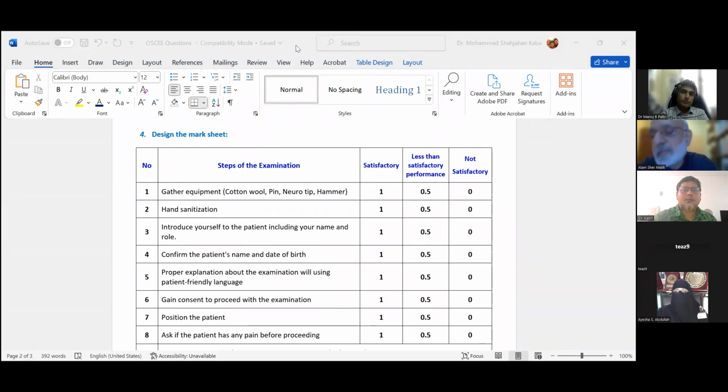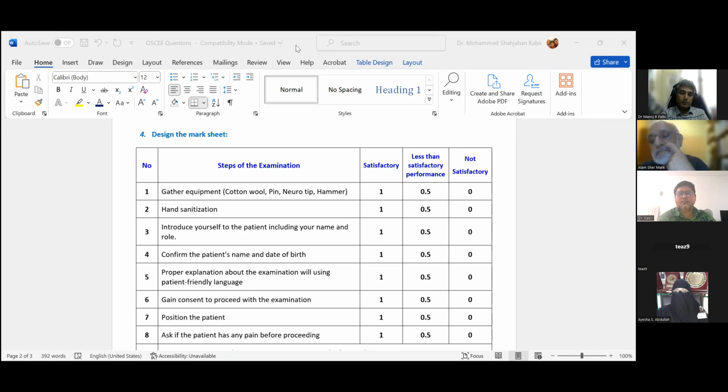Yeah, right. So, you're absolutely right. When we are vetting the OSCE questions, the first question we ask is whether it is feasible within, let's say, 5 minutes. That should be the first question we ask, whether the student can perform this task.